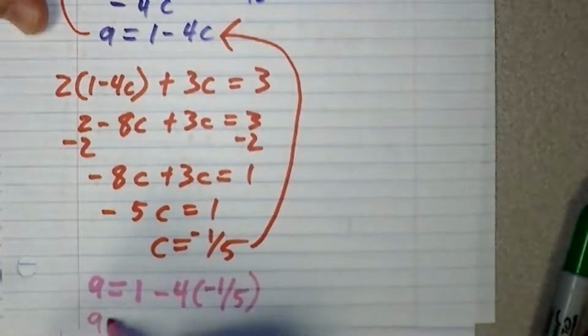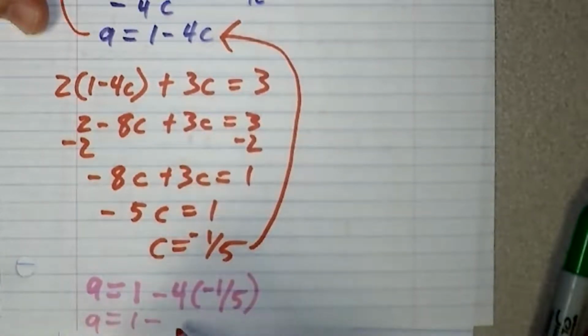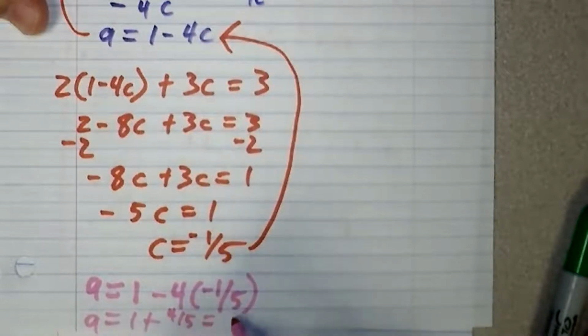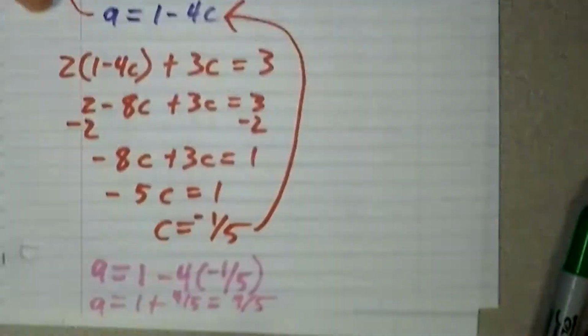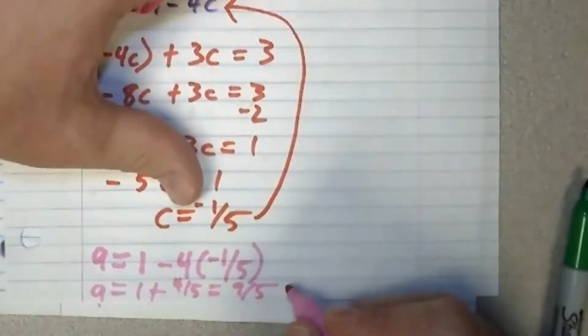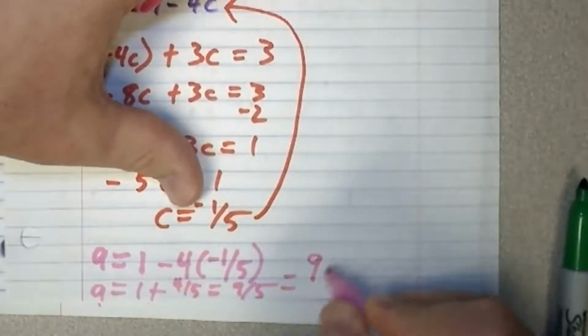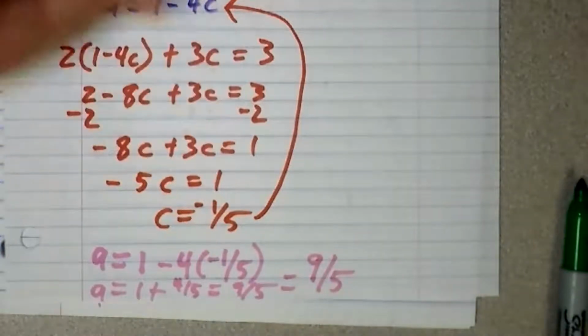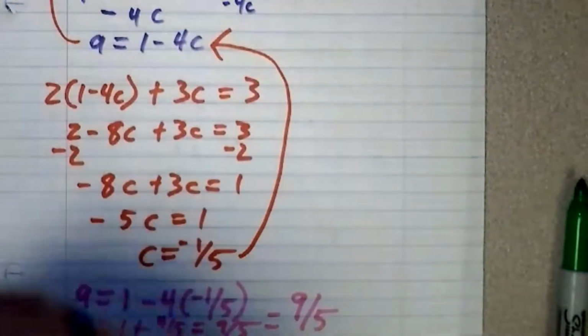So A equals 1 plus 4/5 equals 9/5. I apologize, let me rewrite that. A equals 9/5. Okay, so that does not suck as bad.